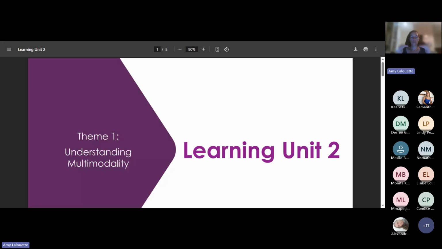Now, you'll find you already use multimodality, whether that's what you call it or not, either in the lessons that, if you're not teaching yet, you've thought about and planned in your head, or else in the lessons that you actually do teach. Multimodality is when you use different modes to communicate.